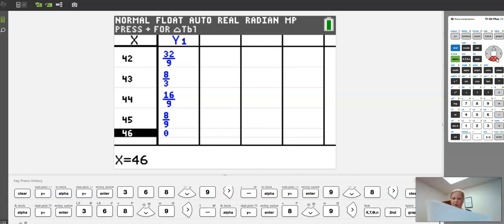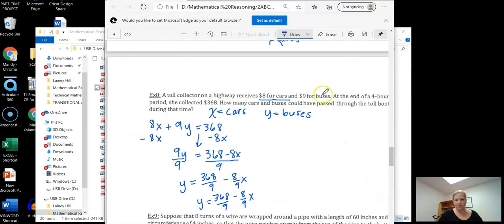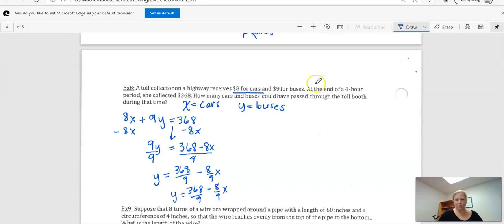Okay, so let me X out of this graphing calculator. When we get back to our answers, we want to write down the things we jotted down. So we had a table.